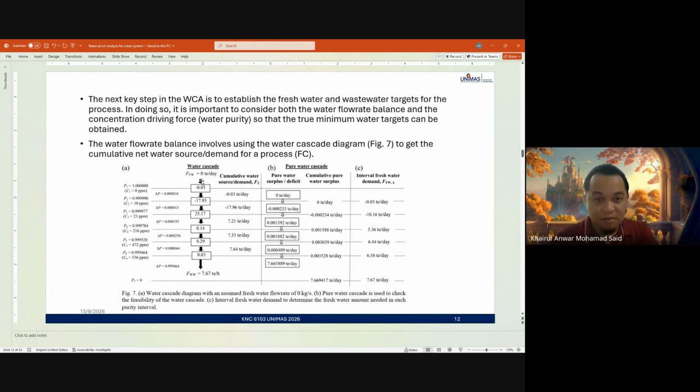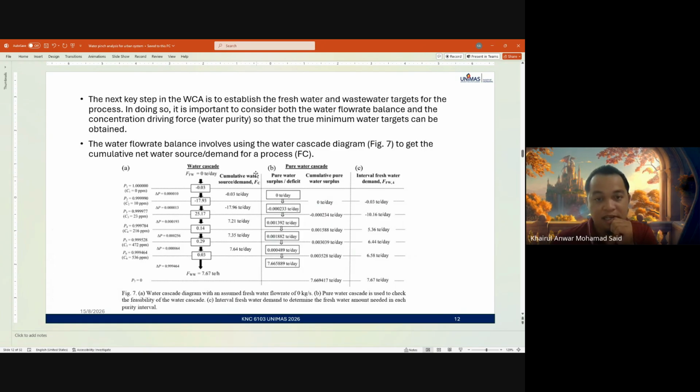Then we arrange it like a cascade. Delta P is the interval in between P1 and P2. So this value here is aligned with the P1 and P6.